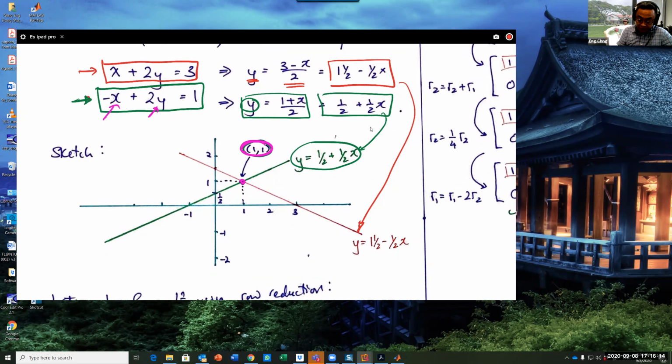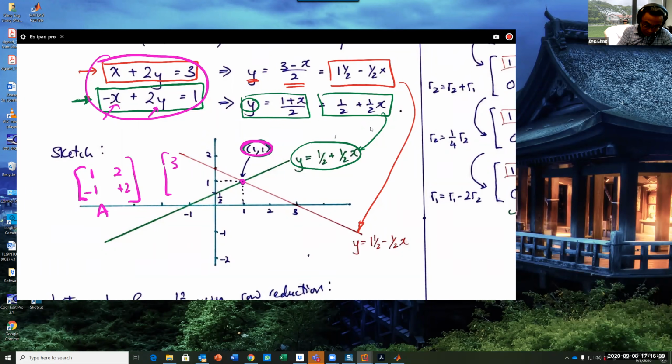Okay, so of course, if we have done it graphically, our problem is over. But how do we do it in linear algebra? Remember, what we do is we start with these two equations and we write the coefficient matrix, which is 1, 2, minus 1, plus 2 for A. And then for B, we have 3 and 1.